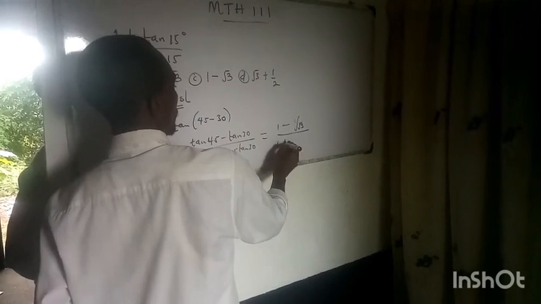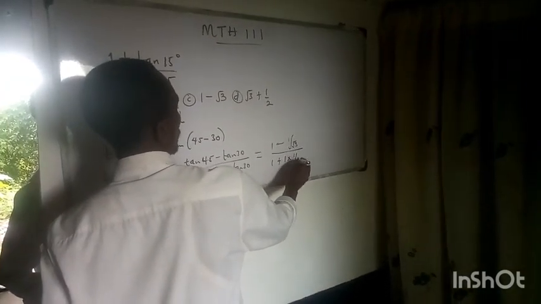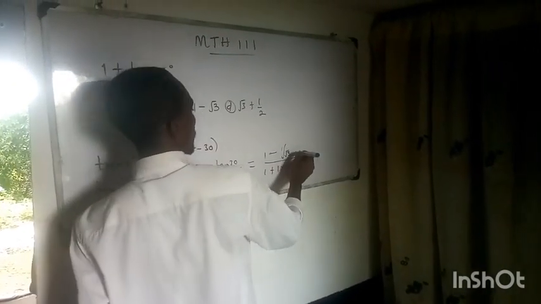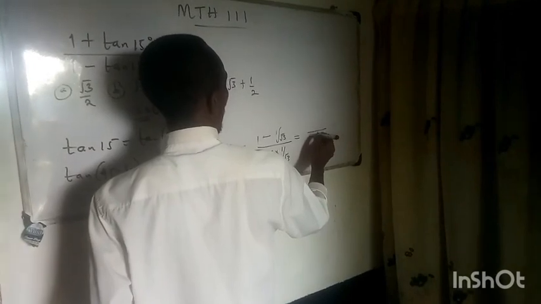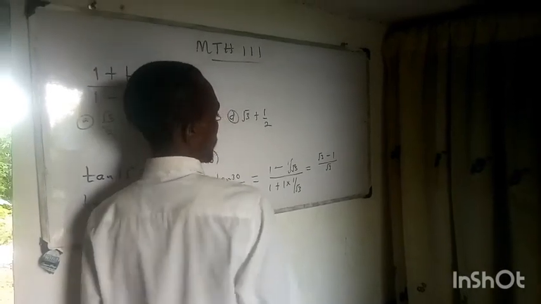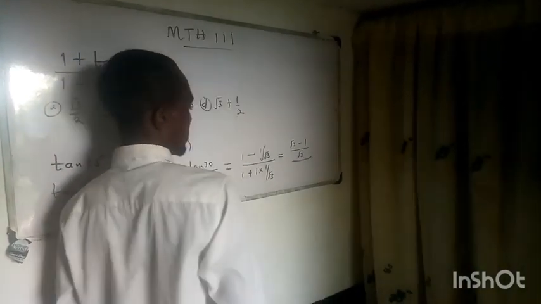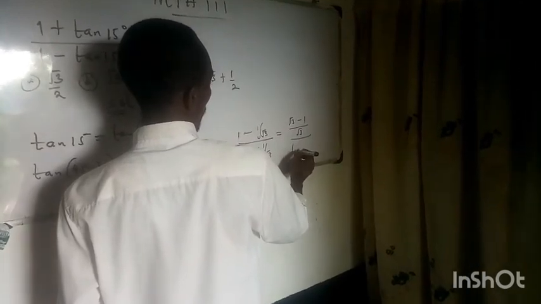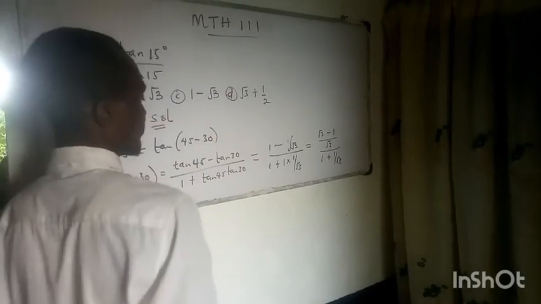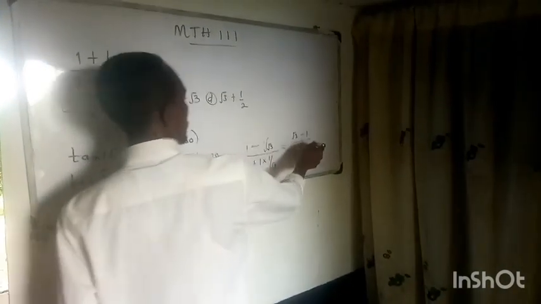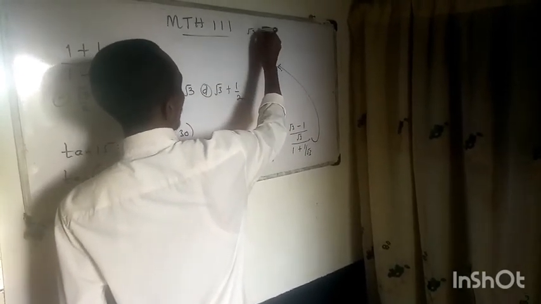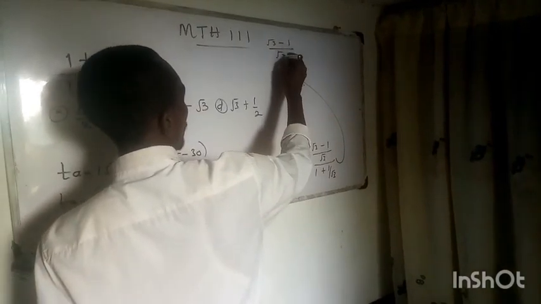So this gives us 1 plus 1 times 1 over root 3. So when we simplify the up, we have root 3 minus 1. And then when we simplify down, we have 1 plus 1 over root 3. Now let me take this upward. And then I have root 3 minus 1 over root 3.